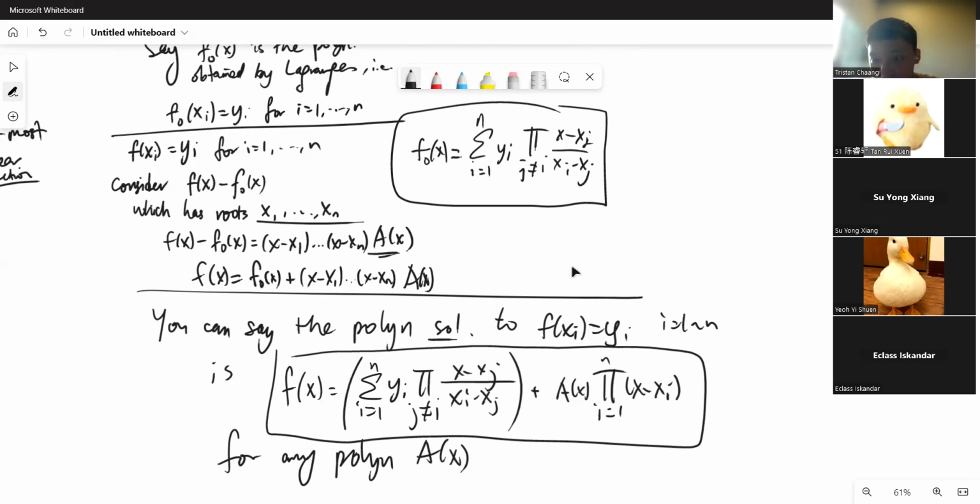So f(x) must be exactly f naught, or f naught plus some polynomial in this form. If it's exactly equal to f naught, that means a equals 0.